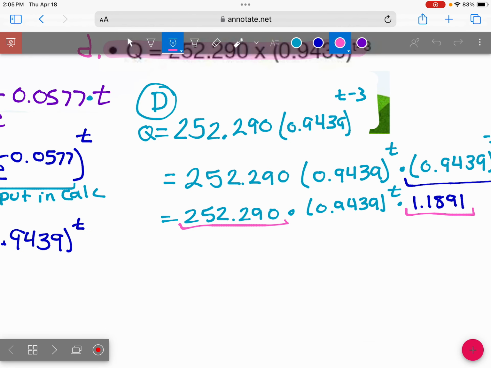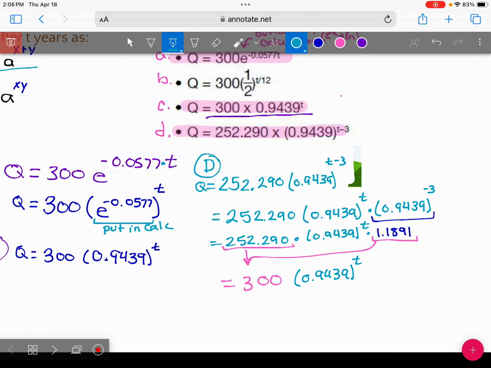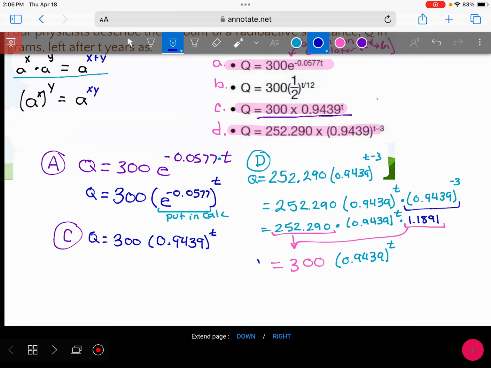So these two pieces multiplied together get us back to 300 times our 0.9439 to the t. So we made equation D also match equation C.